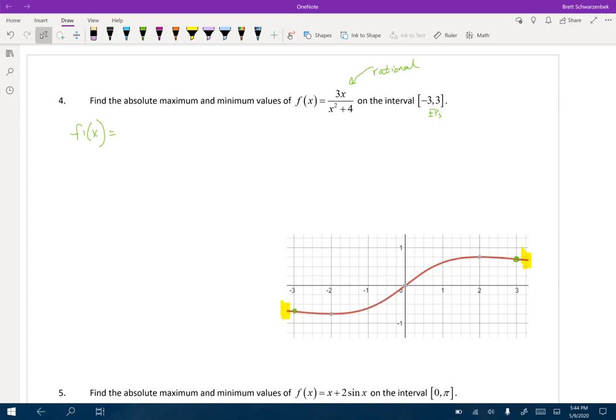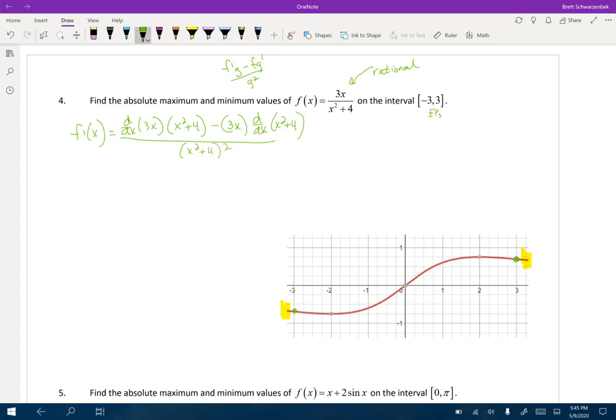Remember, our quotient rule is going to be f prime g minus f g prime over g squared. So we just have to do that. We're going to do the derivative of 3x times x squared plus 4, minus 3x times the derivative of x squared plus 4, all over x squared plus 4 squared.